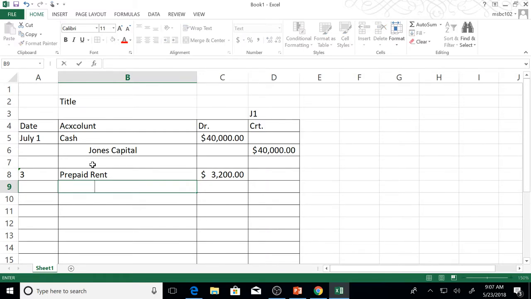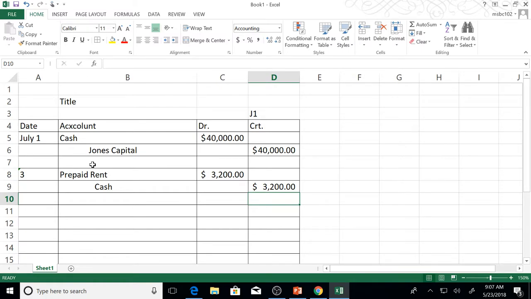Cash. It goes under the credits for 3,200. You see? Notice I put the prepaid rent to the left and the cash to the right. That is the proper way, a general journal entry.